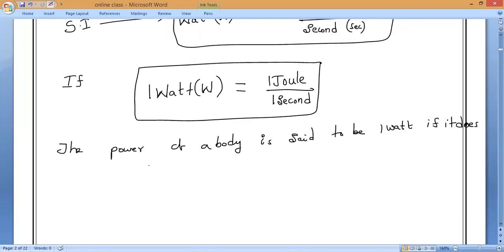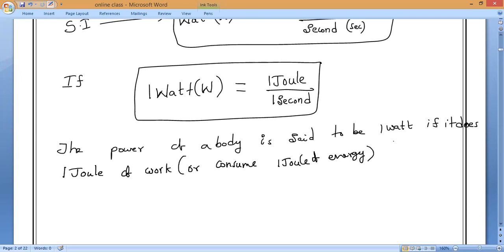If it does 1 joule of work, or how much energy will it consume? 1 joule of energy in how many seconds?